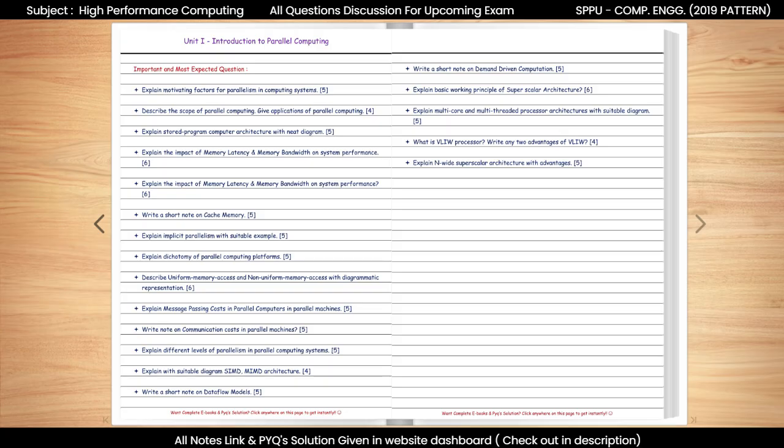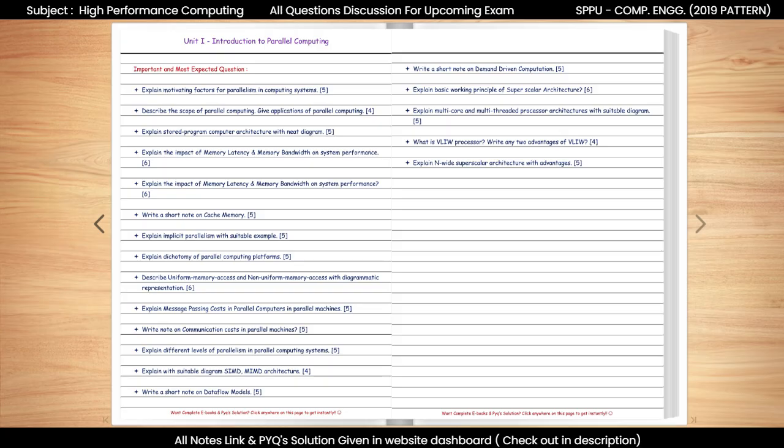Multi-threaded processors allow each core to handle multiple threads, improving utilization. If I explain the diagram in words, imagine several cores inside one processor chip, each core capable of running multiple instruction streams.